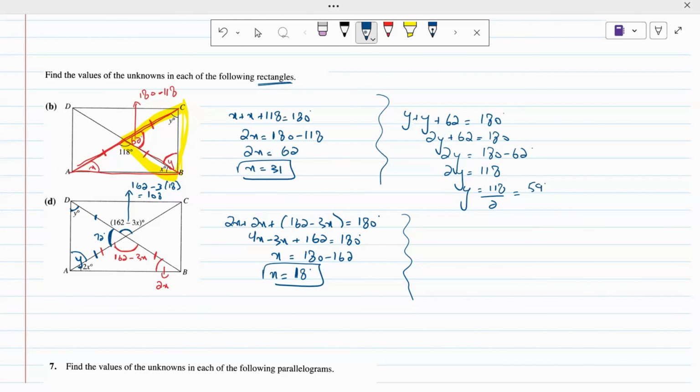So here we can make the equation as y plus y plus 72 is equal to 180. 2y is equal to 180 minus 72, that's 108. And y is equal to 108 divided by 2, which is 54 degrees.